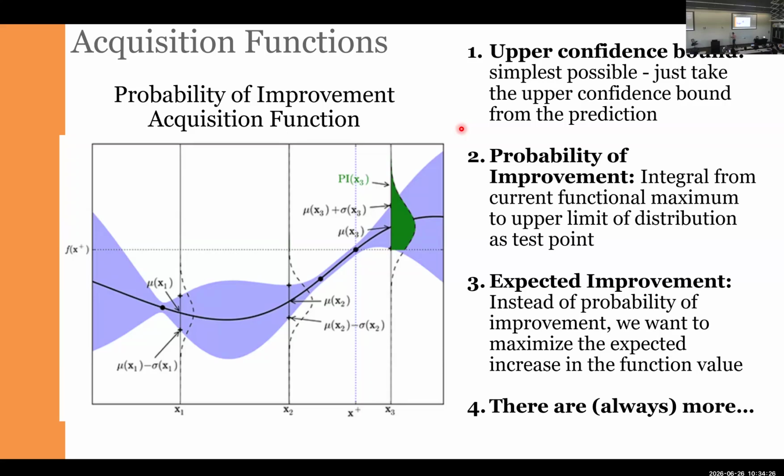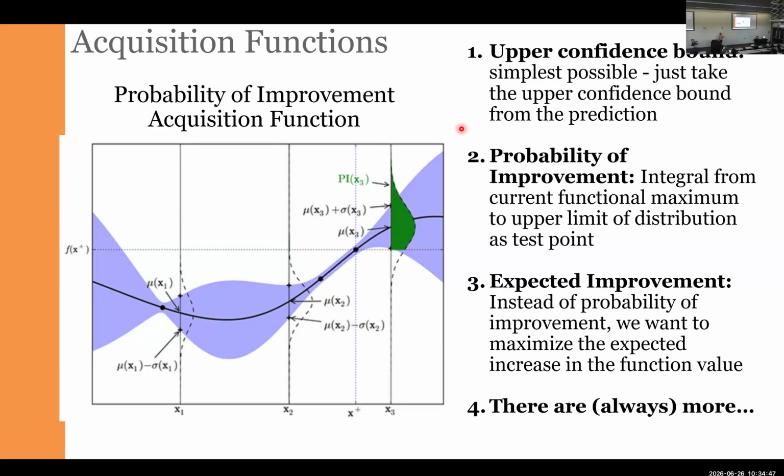So this balancing can be done in many different ways. This is what is called the acquisition function in Bayesian optimization. So the acquisition function basically means that I have prediction and uncertainty, and I somehow balance them and fold them together in a single function. The simplest way of doing it is called the upper confidence bound.